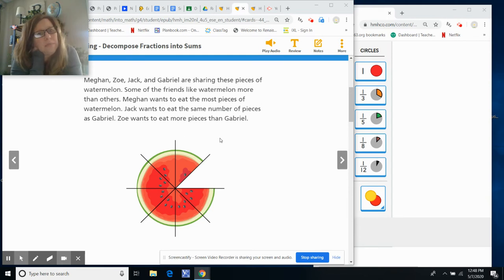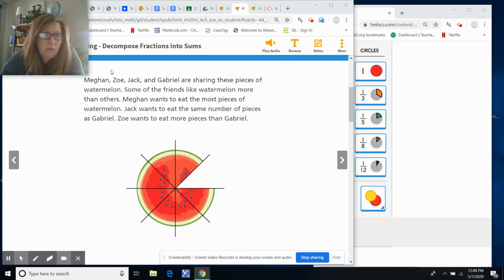Looking at it, it says Megan, Zoe, Jack, and Gabriel are sharing these pieces of watermelon. So we're looking for quantities now. Some of the friends like watermelon more than others. Megan wants to eat the most pieces of watermelon. Jack wants to eat the same number of pieces as Gabriel. And Zoe wants to eat more pieces than Gabriel. So what are the quantities here?